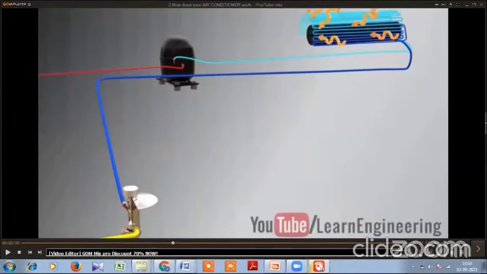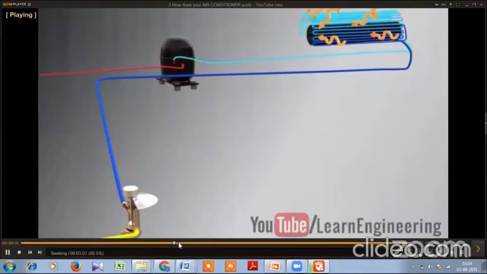So in order to avoid that, this thermostatic expansion valve is present. It has a sensing bulb at the suction line of the compressor. Where the desired temperature is not present, at that time it will restrict the flow of the refrigerant. So that is why I mentioned it as a thermostatic expansion valve. Okay, so we'll study in detail what is the function of the thermostatic expansion valve, what are the applications of the expansion valve, what is the classification. We'll study in detail. Okay.